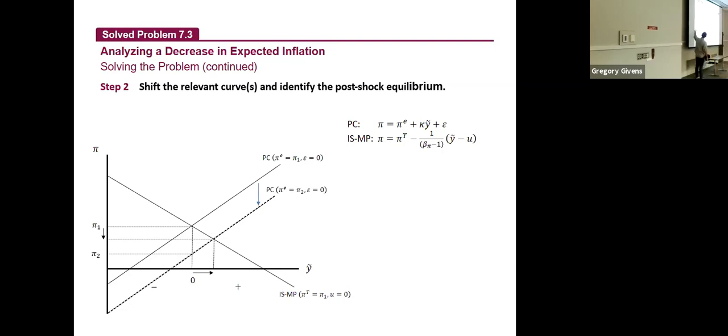Well, it's going to shift down by the distance between pi 1 and pi 2, right? Given a 0 output gap and no supply shock, actual inflation will fall from pi 1 down to pi 2. So the whole curve shifts down vertically by that amount. So pi 1 minus pi 2, you can think of as the size of the disturbance here, okay?